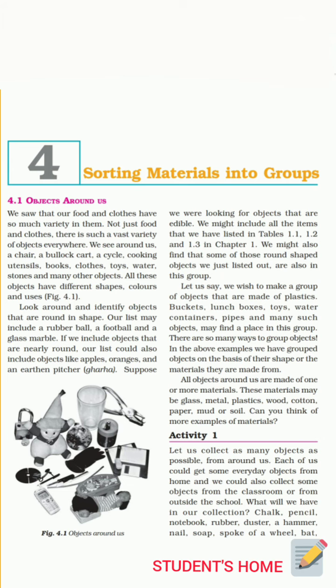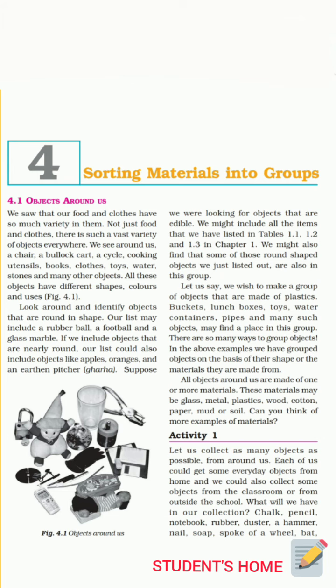Look around and identify the objects that are round in shape. Our list may include a rubber ball, a football, and a glass marble. If we include objects that are nearly round, our list could also include objects like apples, oranges, and an earthen pitcher, that is ghada, in which we used to keep water so that it can keep our water cool.